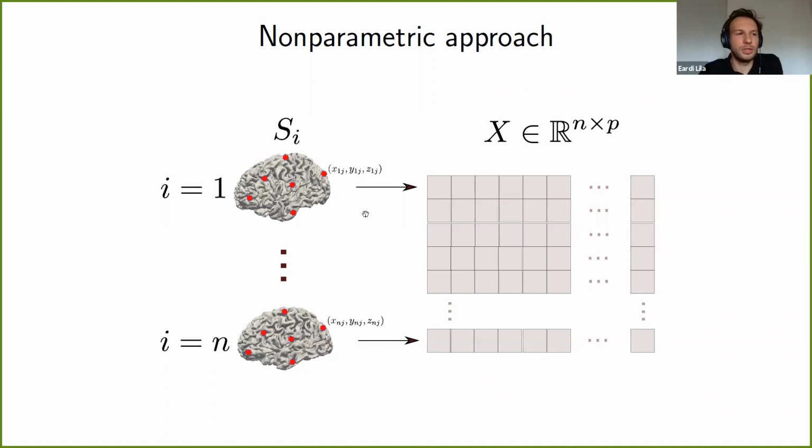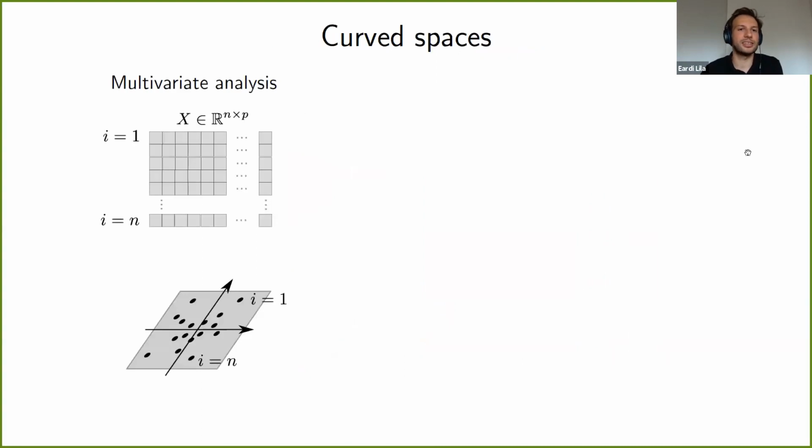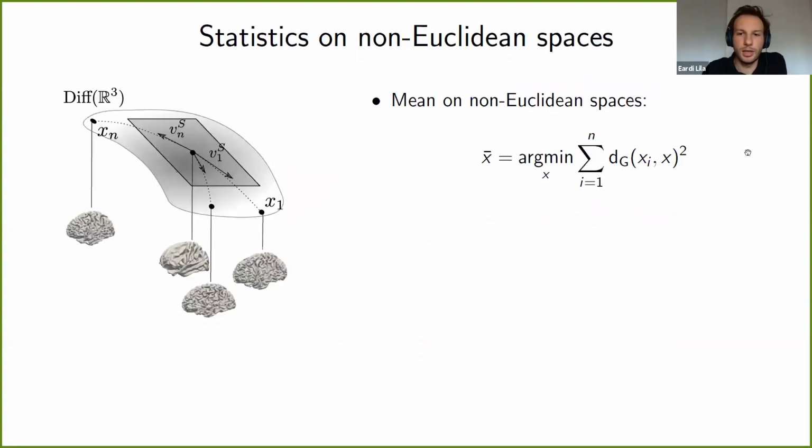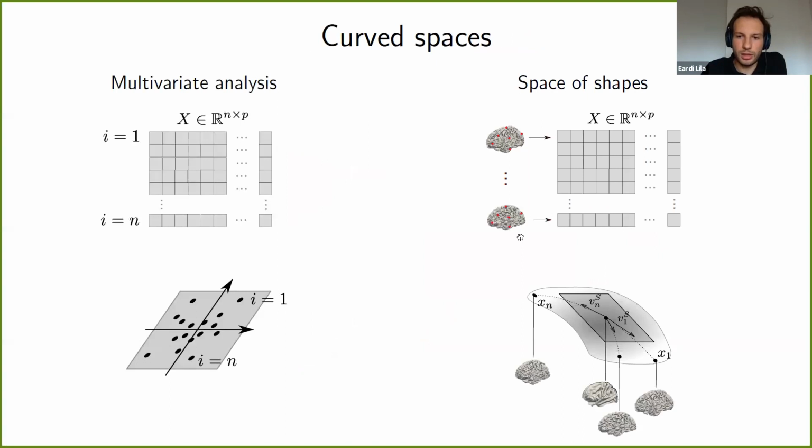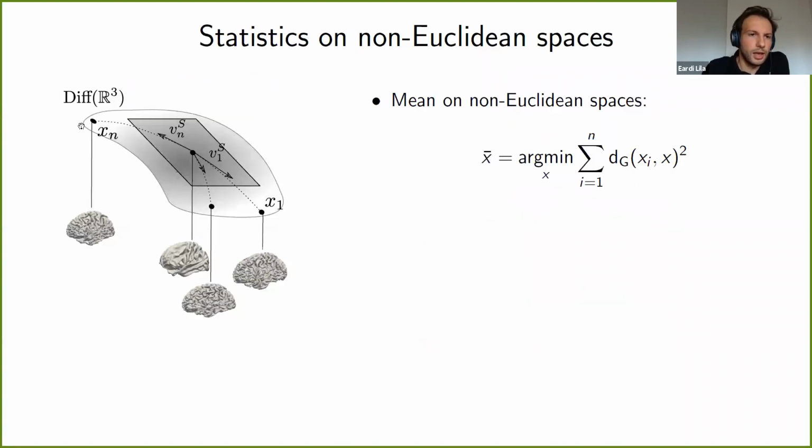Oh, that's a good point, but I don't think there is necessarily a concept of data lying asymptotically in tangent space here. Just to make the point, I think this is a good image here. You have to change also the population definition of the mean.